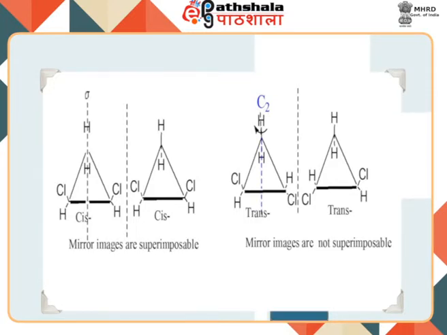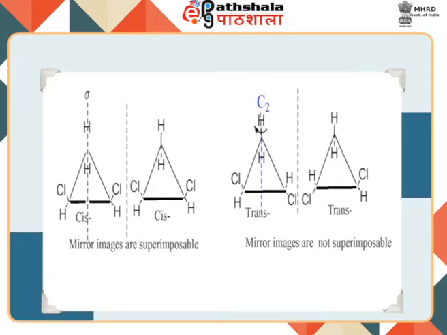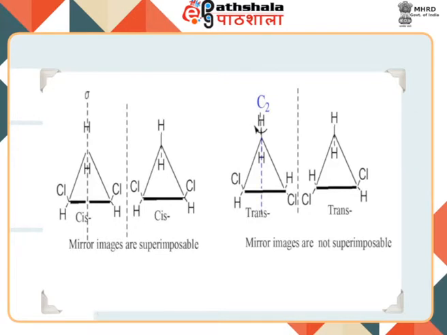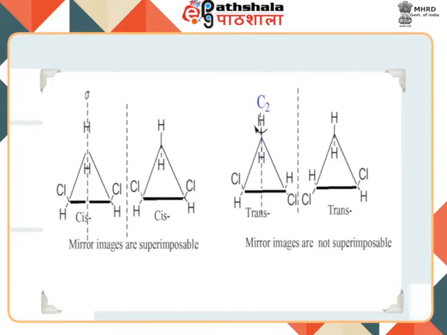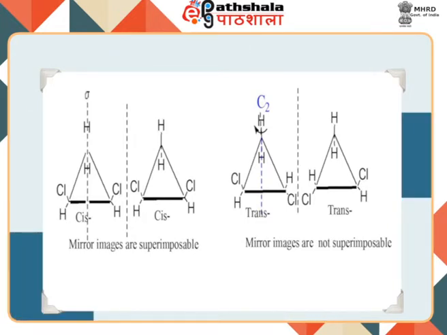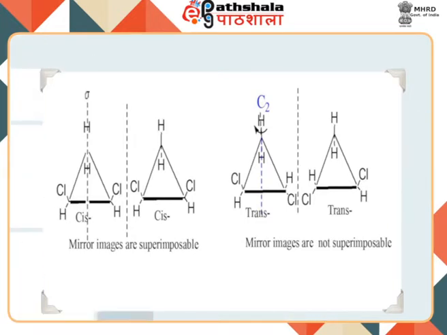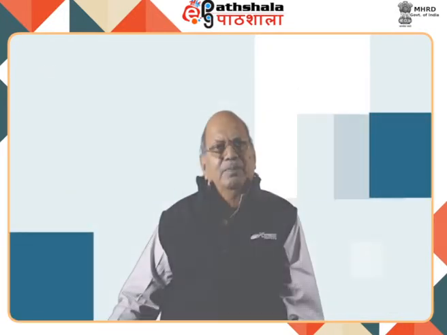The only symmetry elements that dissymmetric, that is, optically active compounds can have are one or more Cn axes. Many dissymmetric compounds have C2 axes, but most optically active compounds are asymmetric as well as dissymmetric, hence have only a C1 axis. An Sn axis, where n is greater than 2, is difficult to find.